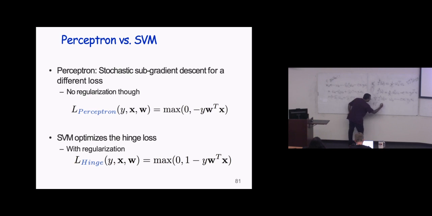K of what? X, Z. I thought Z was the second one. What is the first one? Xi, yes. So that basically means two different data points. They have to be data points, not W.